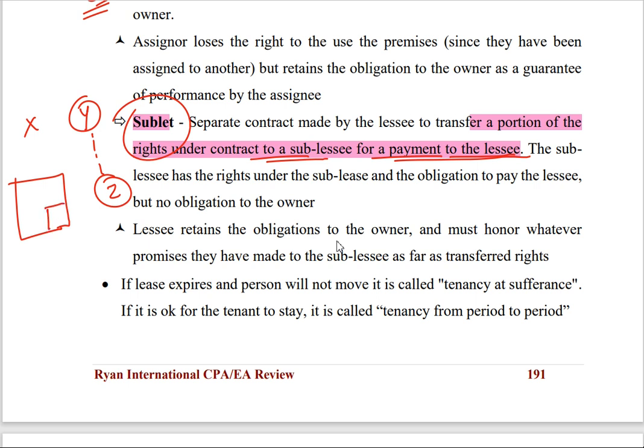Probably this portion is given to Z. So now Z becomes a lessee and Y becomes a lessor there. Z has to make the payment to Y, the original lessee, and Y is responsible for all of this towards X, the lessor.